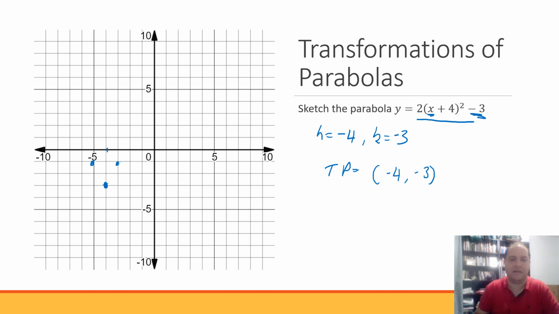And there is a very rough sketch of our parabola. So get your turning point, and then use your dilation to go 1 square across, 2 up, and 1 square across, 2 up on both sides. That gives you some dots to help you sketch your parabola.